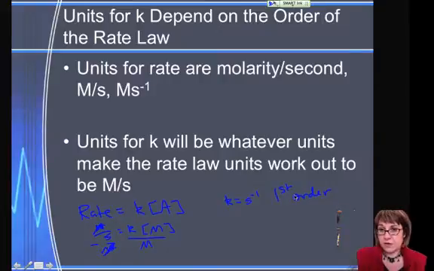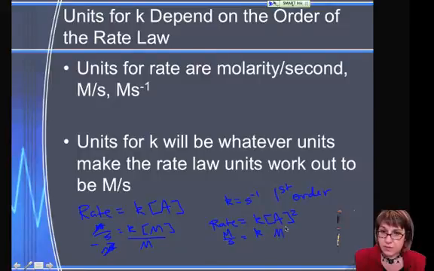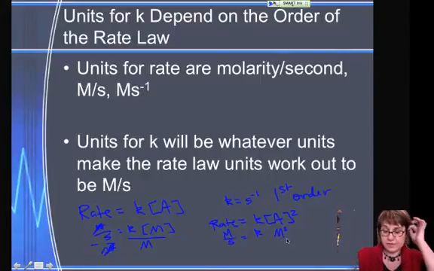What about a second order reaction? In a second order reaction, we would have rate equal to K times A squared. So let's put units in. Rate is in moles per liter per second. K is what we're trying to figure out. And then A squared would be molarity squared, or just moles per liter squared.